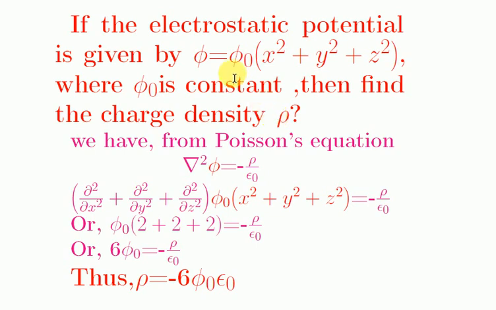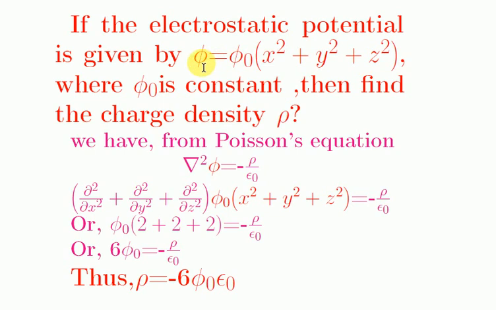and here phi 0 is a constant and phi is the electrostatic potential at the point xyz. Here xyz indicates that the potential is given in Cartesian coordinate system.